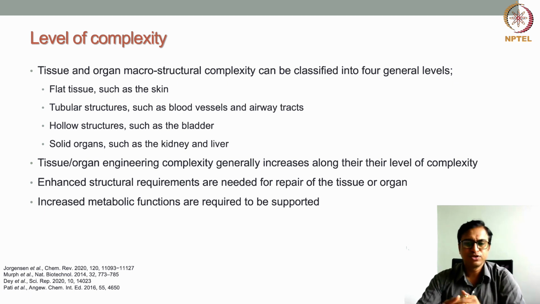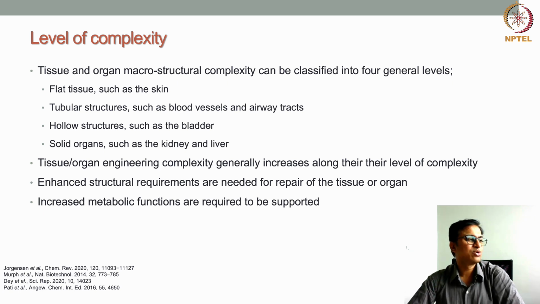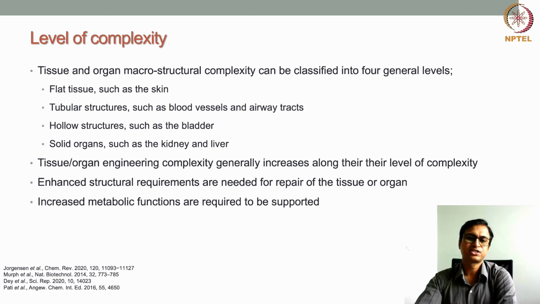If you go from low to high level of structural complexity, then the structural requirements also increase with the increase in the level of complexity. That means enhanced structural requirements are needed for repair of tissue or organ of higher structural order.